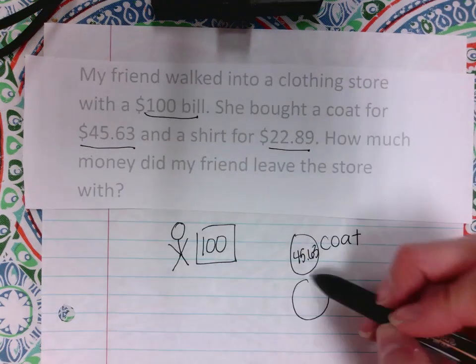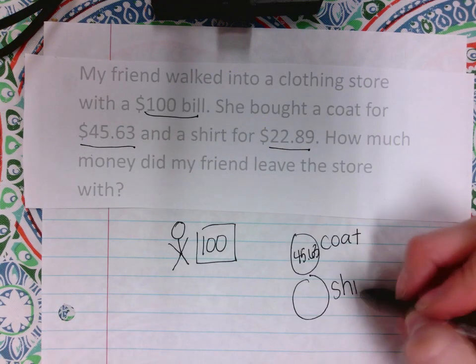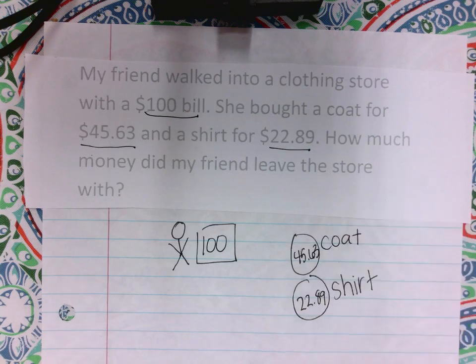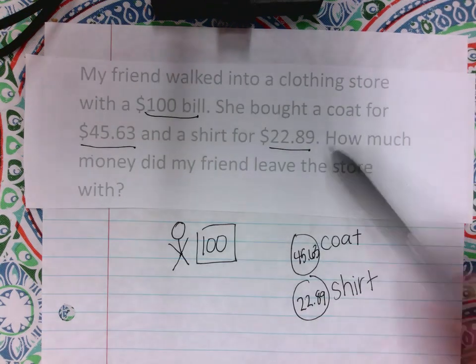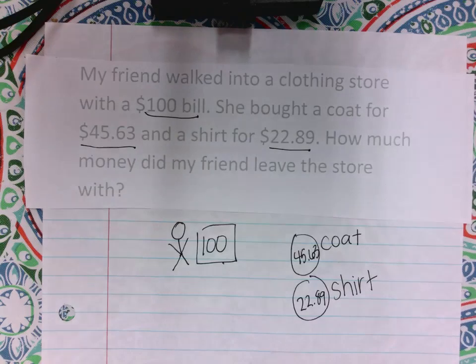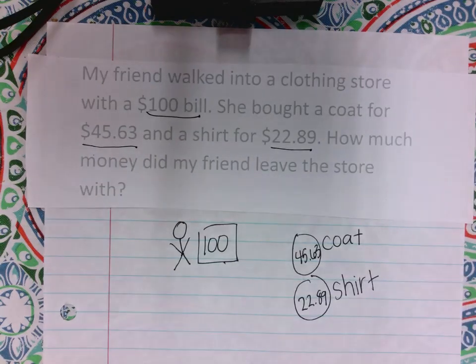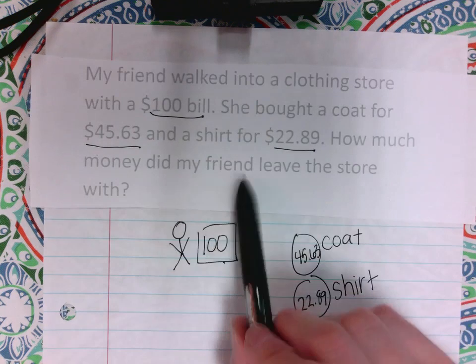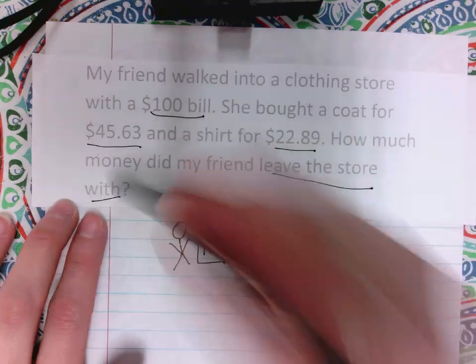So if this is her shirt, she bought a shirt for $22.89. Okay, so just from these two sentences, I know she went in with this much money, and these are the two things that she bought. So let's keep reading. How much money did my friend leave the store with?